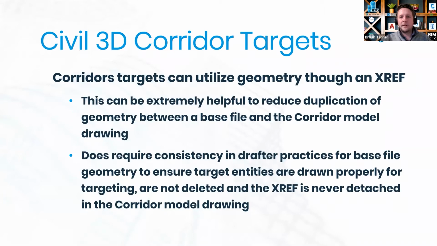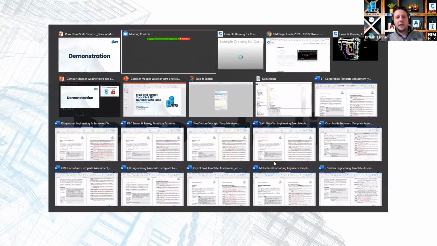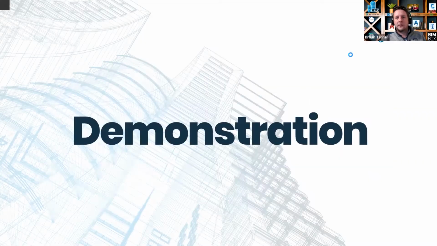These are nuanced things for more advanced users identifying ways to eliminate duplication of geometry between that base file and your actual corridor model. But you absolutely have to keep these things in mind before you start targeting for your corridor, or you could end up with serious ramifications in your project later on. So let's jump into a little demonstration of how we handle our corridor targeting inside the software.